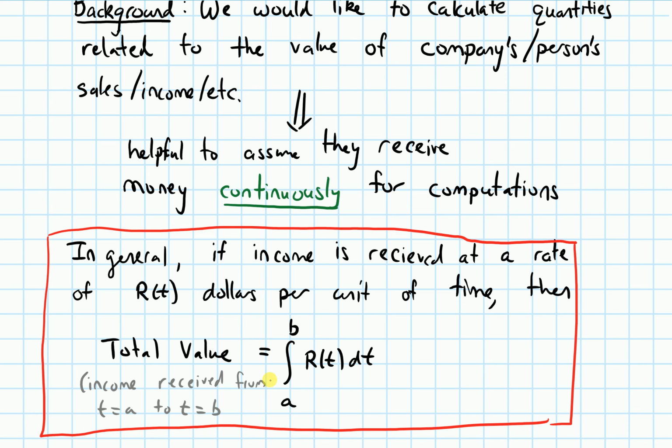So I can be a little bit more specific than saying just the change in income. I can actually say that it's the income received because I can't be losing income. Alrighty, so that is a big formula from this video, so I'm going to highlight this. And I'm going to end the video now by looking at an example.